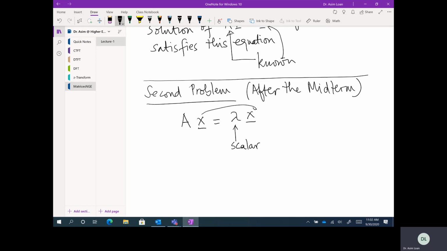This is a vector. This is a vector. Again, these are column vectors. And this A is a matrix.